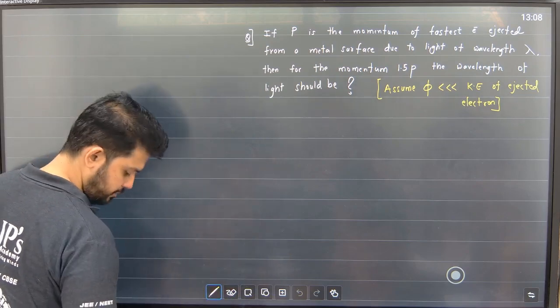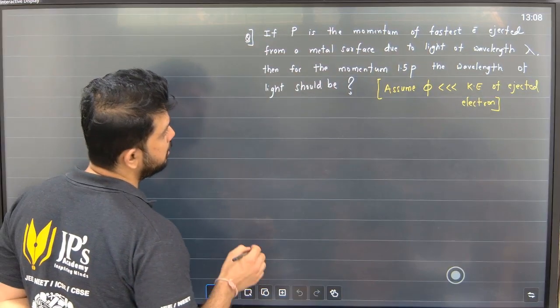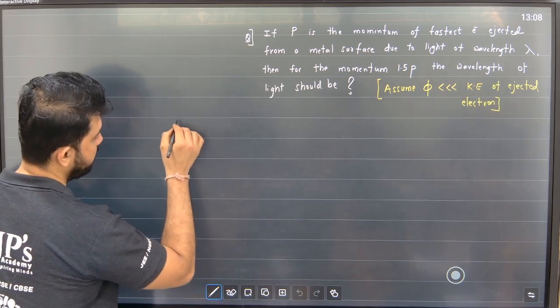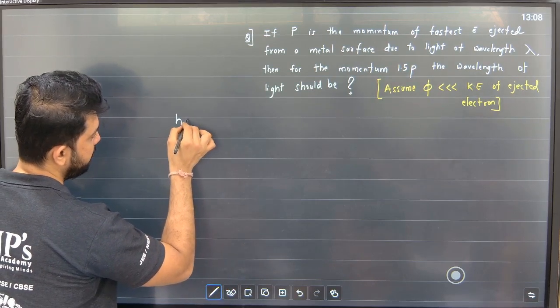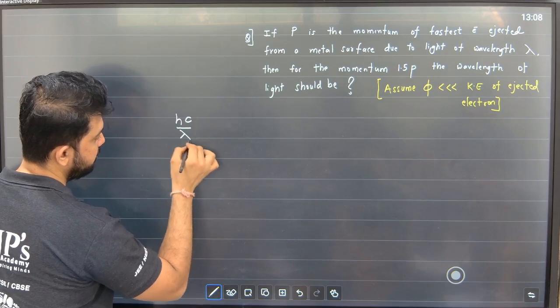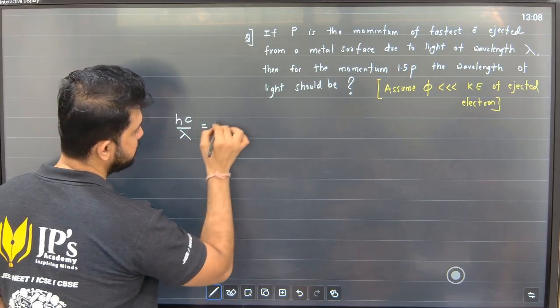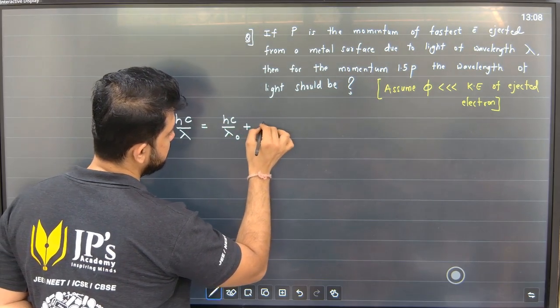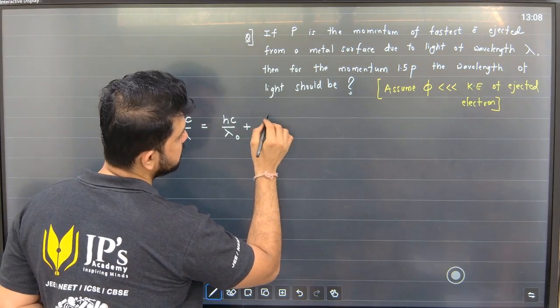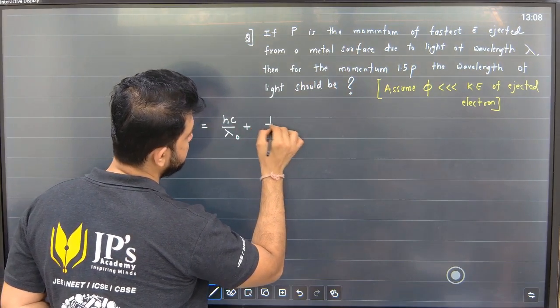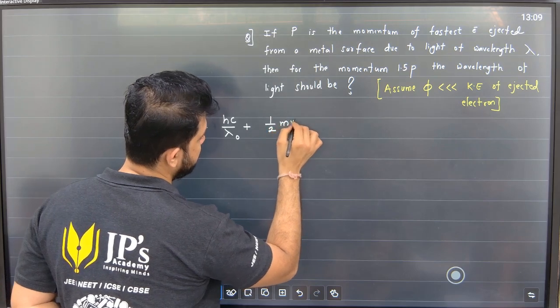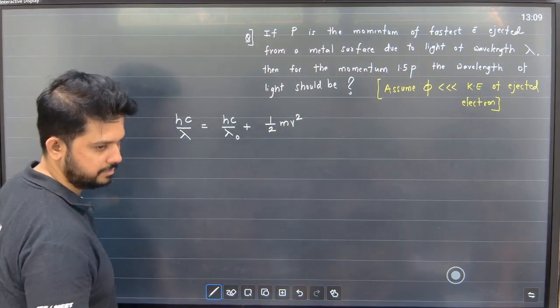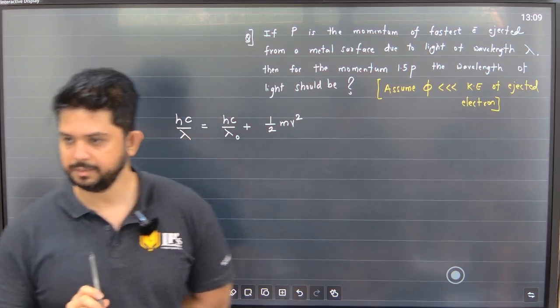What is the formula for the photoelectric equation? In terms of lambda, we can say that hc by lambda is equal to hc by lambda naught plus kinetic energy. What's the formula for kinetic energy, people? Half mv square. This is the formula, okay?